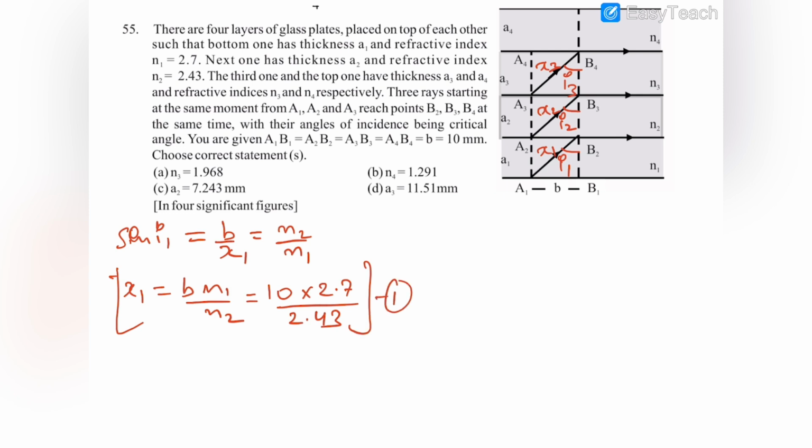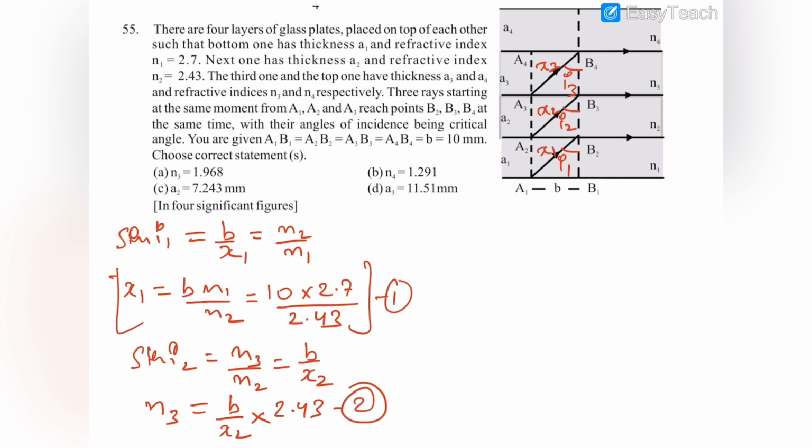This is equation 1. Now again using the same thing in the second TIR, we can say that sin I2 will be equal to n3 by n2, and it would be equal to b by x2. Now again we know the value of n2, so n3 will be equal to b by x2 into n2, which is 2.43. This is equation number 2.